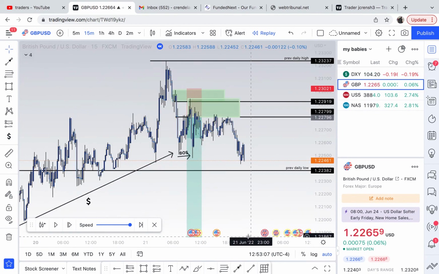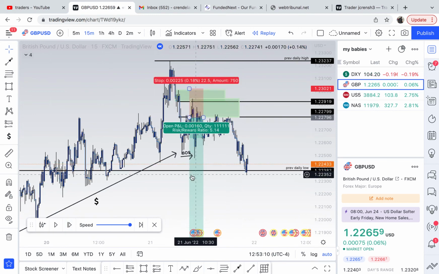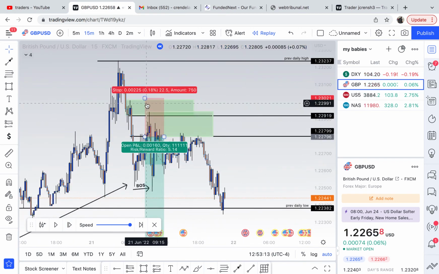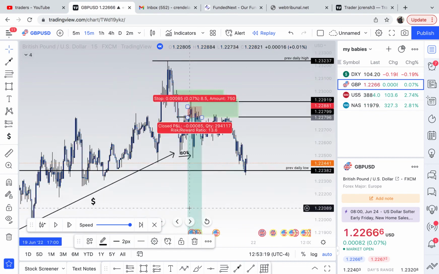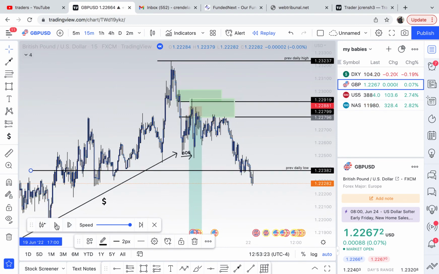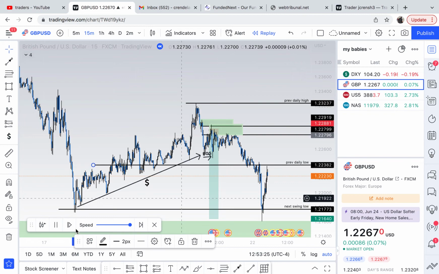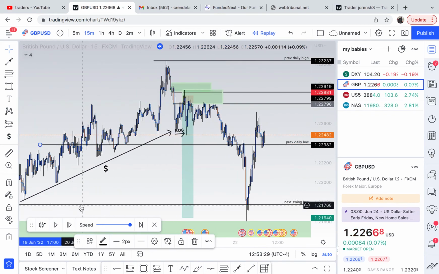So after we get to our first take profit, I reduce my risk above this high right here, and then I let the rest ride all the way, and I took all my position off at this next swing low.